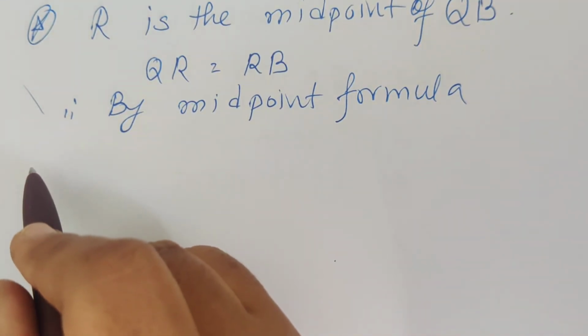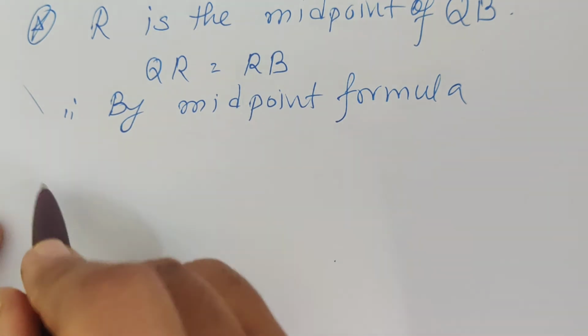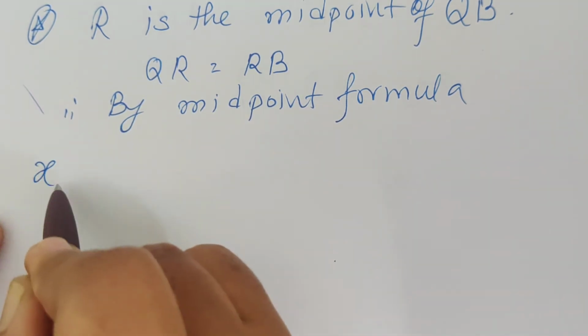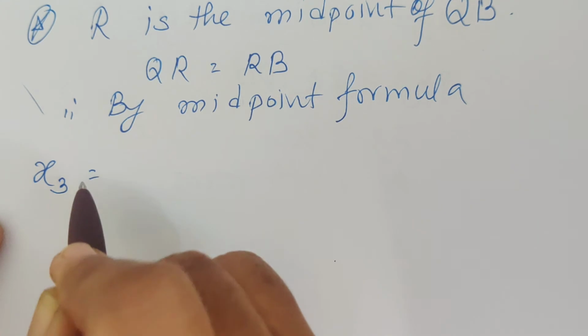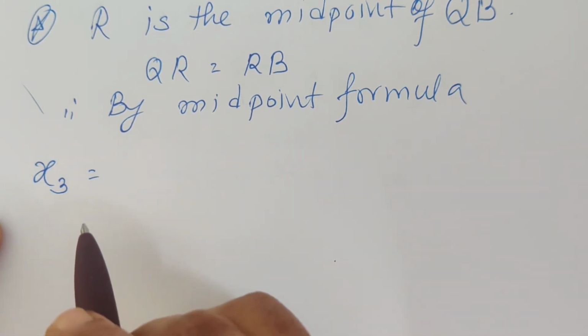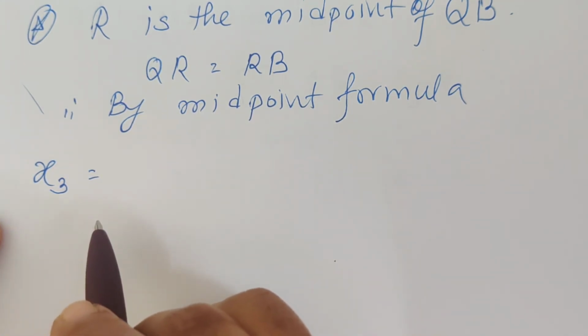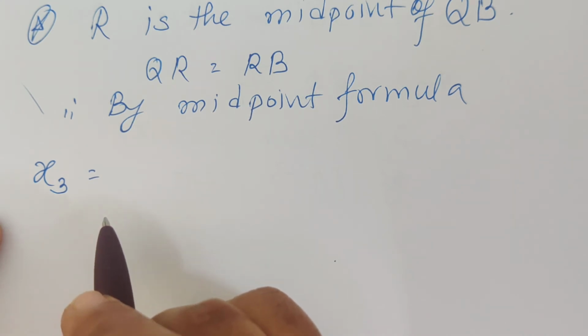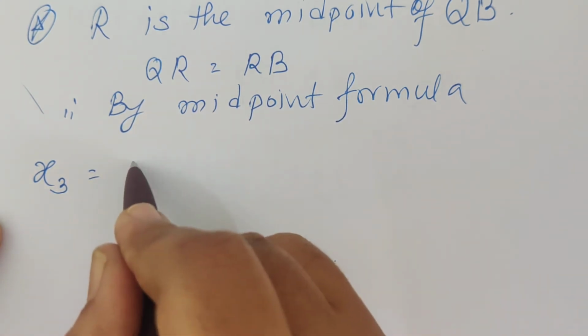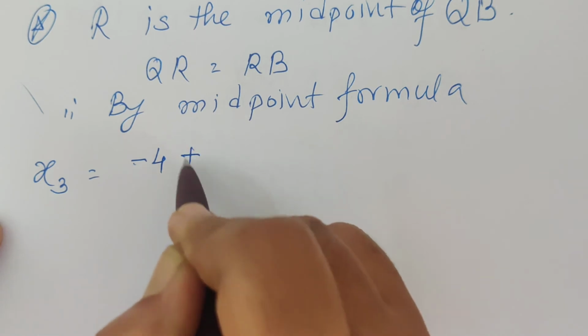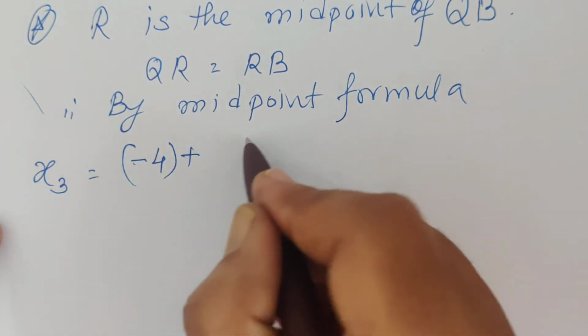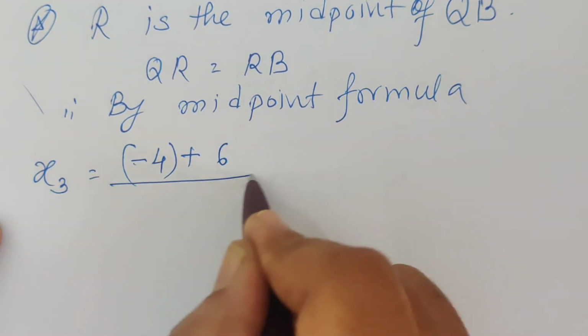So R coordinates we consider in the diagram x3, y3. So first we will find out the x3 or x coordinate. Q's coordinates are x1, y1 and B's are x2, y2. So Q's coordinate, the first coordinate, that is -4 plus 6 divided by 2.